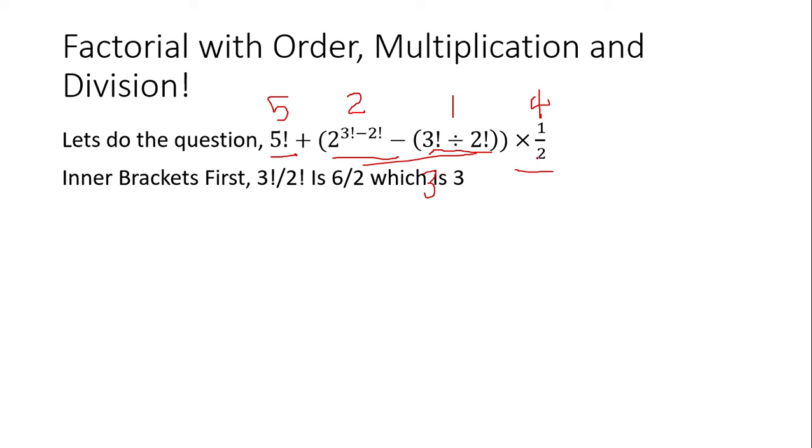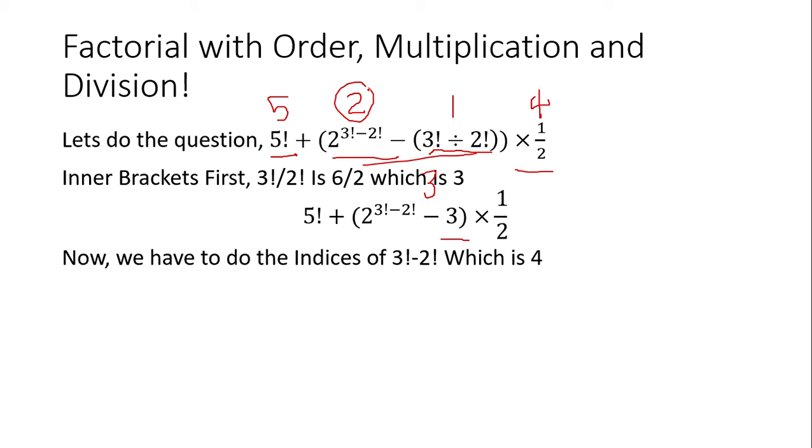So, inner brackets first: 3 factorial divided by 2 factorial is 6 divided by 2, which is 3. It now looks like this, where the second brackets are gone, and it's 3. So let's do step 2.